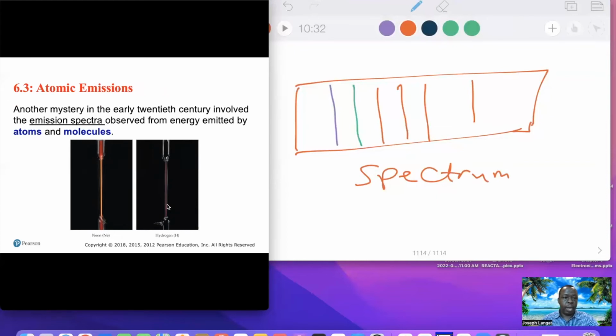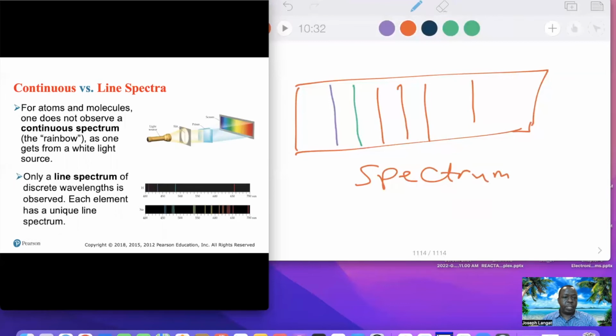You may see the lines right here. It was a mystery what is really causing these lines. This is the emission spectrum for a hydrogen discharge lamp. This is for neon.